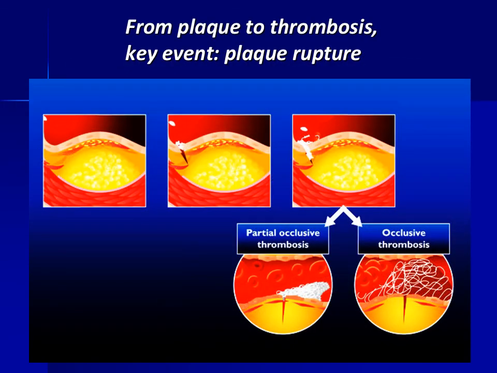From plaque to thrombosis, key event, plaque rupture. The key event in transformation of a stable plaque to an unstable plaque is rupture, which results in either partial or complete occlusive thrombosis.